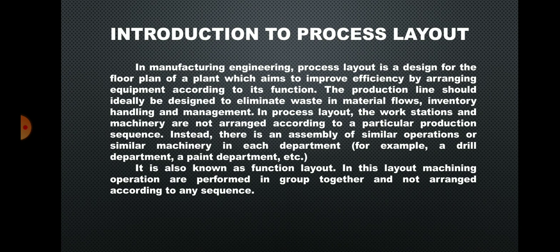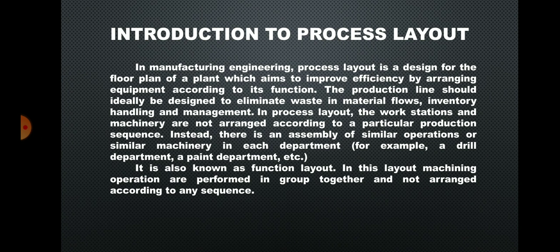In manufacturing engineering, process layout is a design for the floor plan of a plant which aims to improve efficiency. Obviously, every plant layout is arranged to achieve the required efficiency or a better output. How?